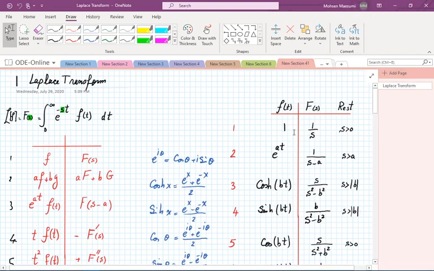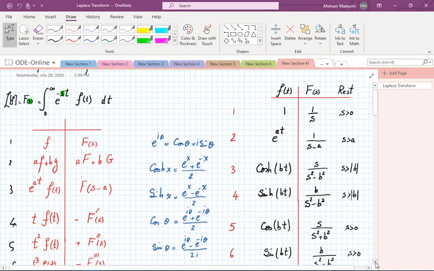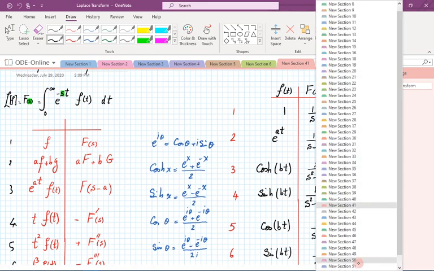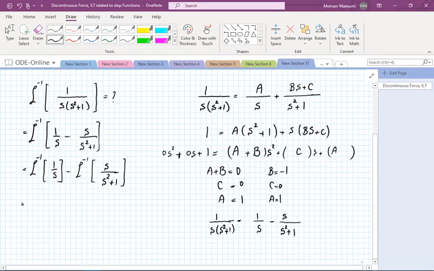So 1 over s, that was 1. Now the other one that we are looking at is s over s squared plus 1. So that's just b is 1, and we are looking at just cosine of t. So let's go ahead and put 1 over s, that's just 1, and this one is just cosine of t.